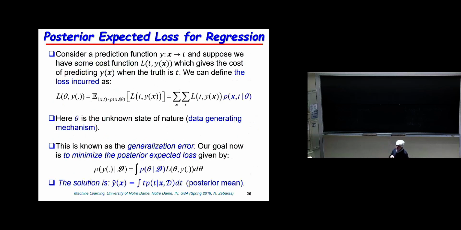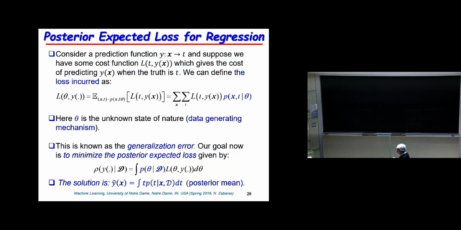And so here is how we're going to correct this to make it consistent with what we're going to learn next week on regression. So when I write the loss function and I average with respect to the joint distribution of X and T, I remind myself that this joint distribution of X and T, because this is a regression model, is coming with a lot of parameters theta that I have not said anything about.